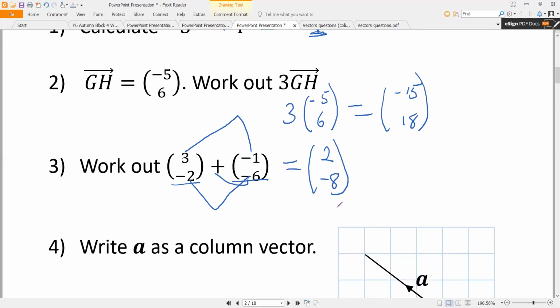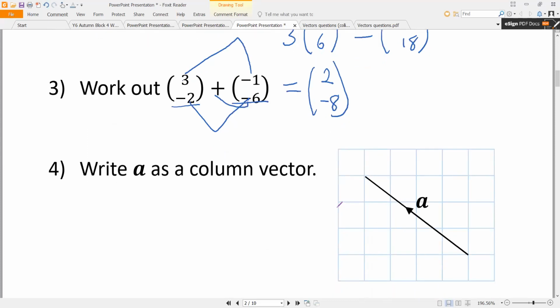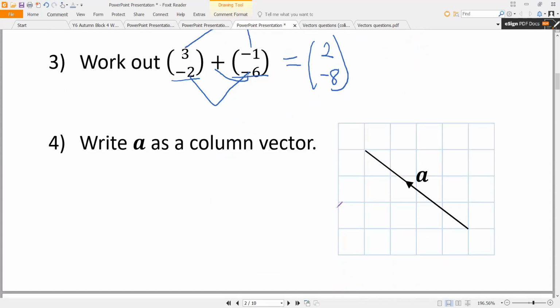Now, it says I should write as a column vector, the vector A. Now, look at this vector A. What is going to be the column vector of this? Remember, this is the starting point because your arrow is facing this way. So you count 1, 2, 3, 4. There are 4 movements to the left, meaning that your x-axis is going to be -4 for left.